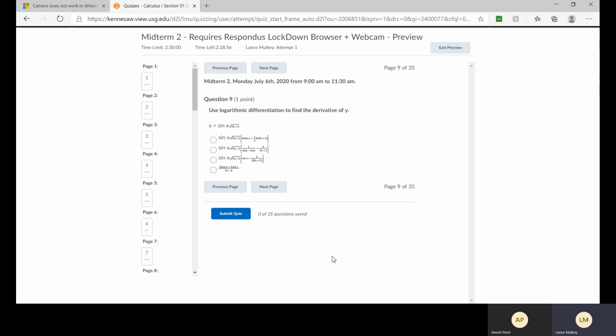All right, let's do logarithmic differentiation. Now, when you take the derivative of both sides, you get y prime over y equals 1 over sine x square root of 5x plus 2, times the derivative there, which is product rule.